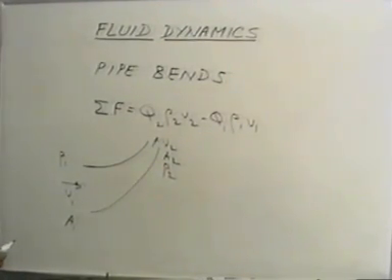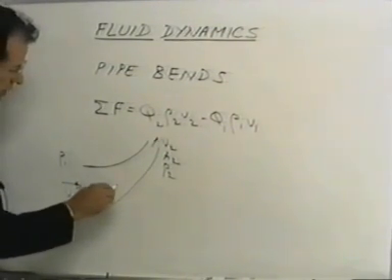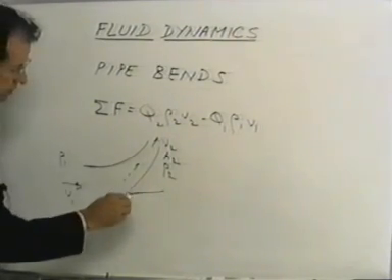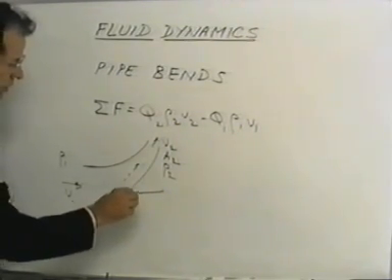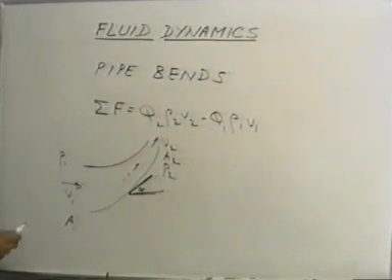It gives rise to a very interesting situation, because as the fluid enters the pipe, it's deflected in this direction because of the deflection angle, let's call this angle alpha, that exists within this pipe. There's a bend and there's an angle alpha.